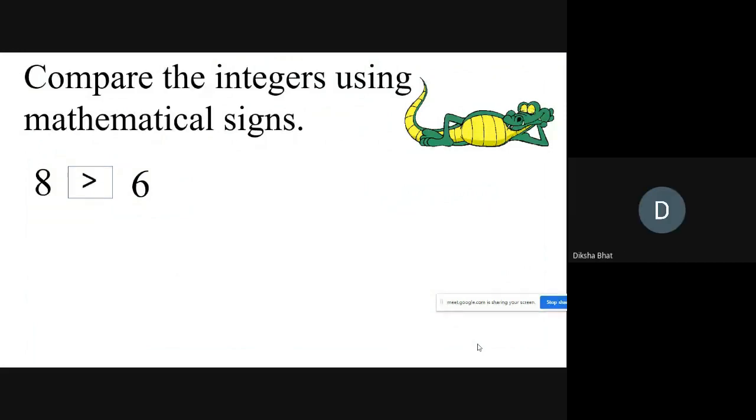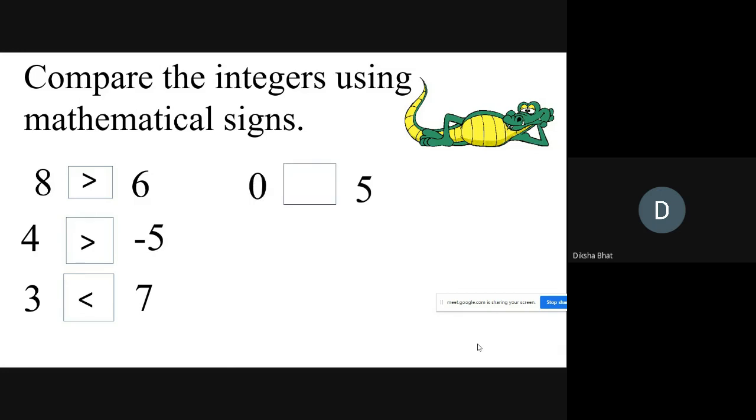Yes, correct. 4 and -5. 4 is greater than -5. Let's check. Yes. 3 and 7. 7 is greater than 3. Yes, very good. 0 and 5. 5 is greater than 0.